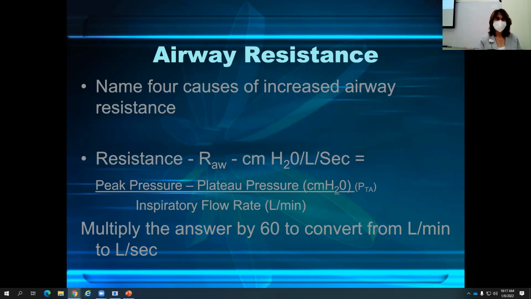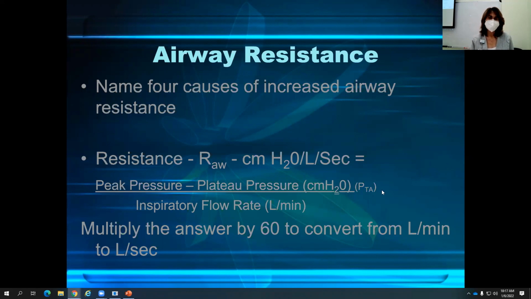There is a handy dandy formula to figure out airway resistance. You take the peak inspiratory pressure, PIP, and subtract the plateau pressure. So peak pressure minus plateau pressure. Peak pressure is the pressure in the airways. Plateau pressure reflects the alveoli.